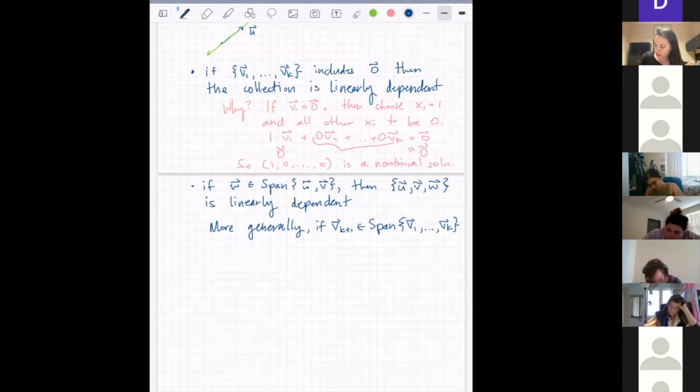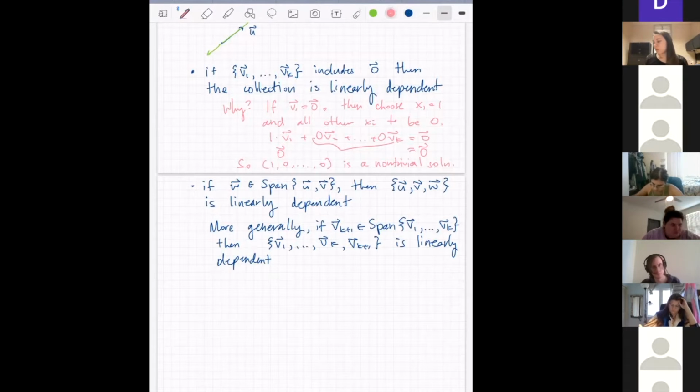So if this is in the span, then the collection of v1 up to vk and then adding vk plus 1 is linearly dependent. Okay, so adding that one vector that's in the span creates a collection that is linearly dependent.